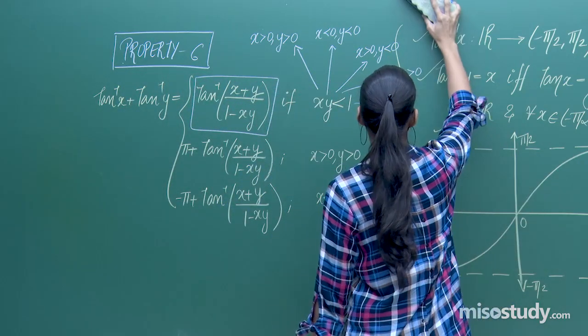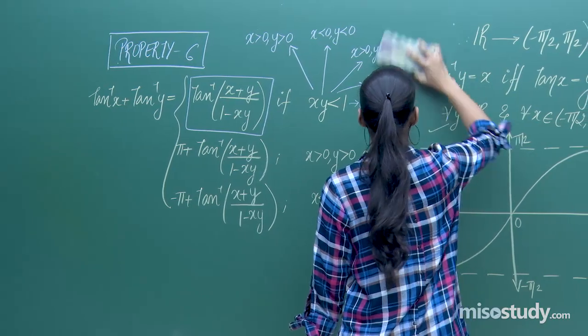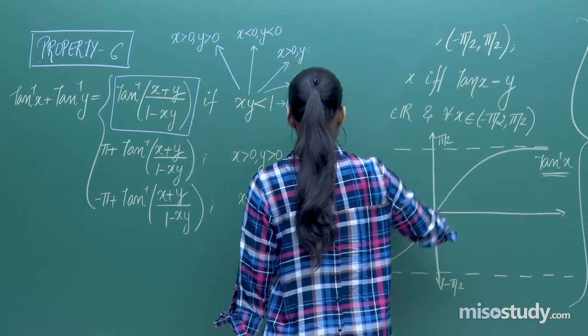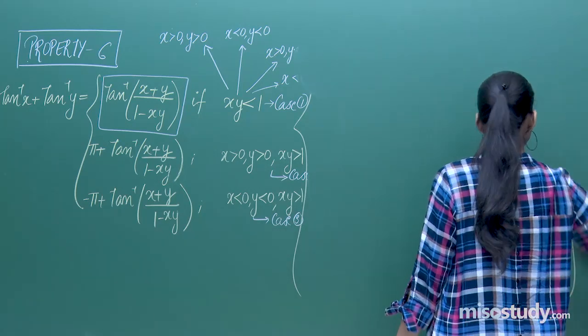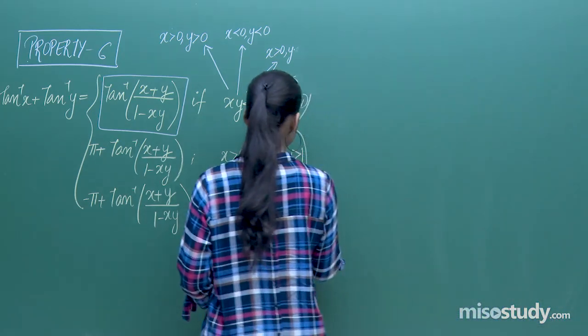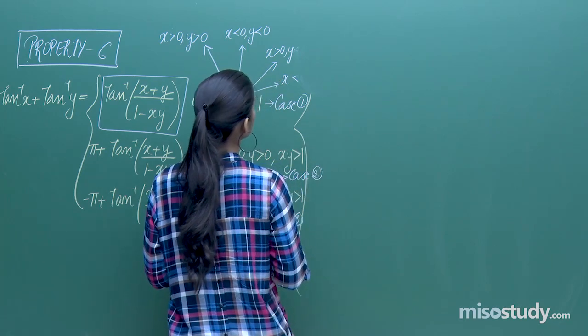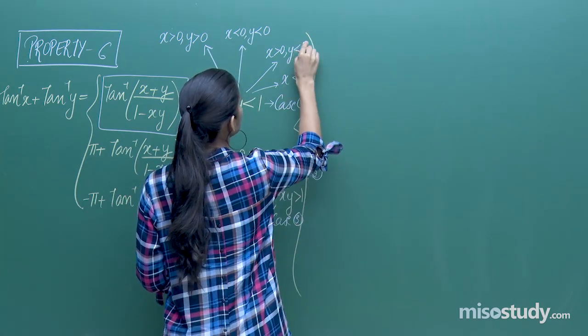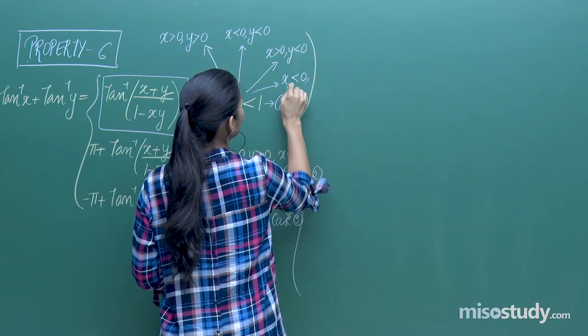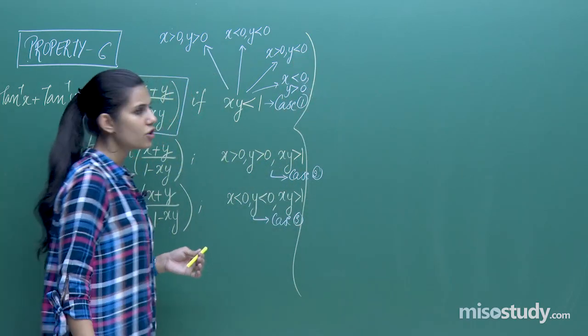This thing should be very much clear to you. We have to now begin the understanding of the proof of this result. So this will be our case 2, and I have this as less than 0, and x less than 0, y greater than 0. Let's talk about case 1.